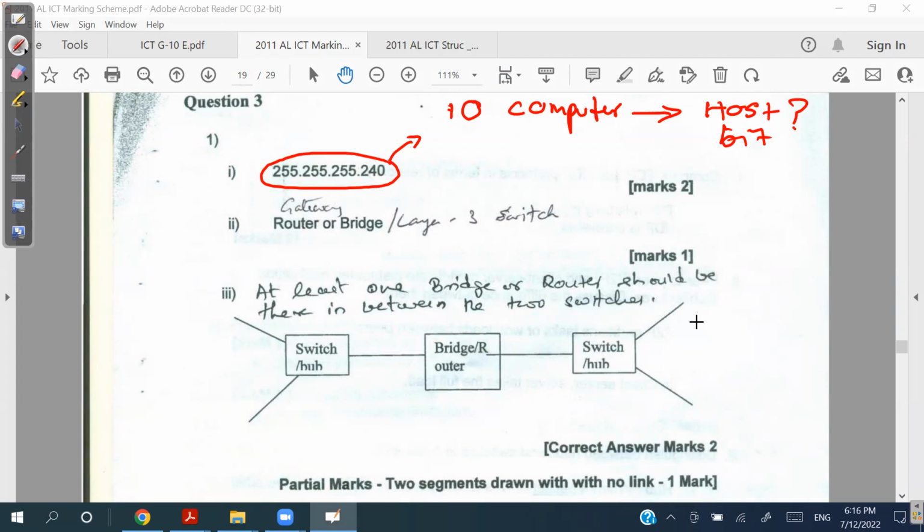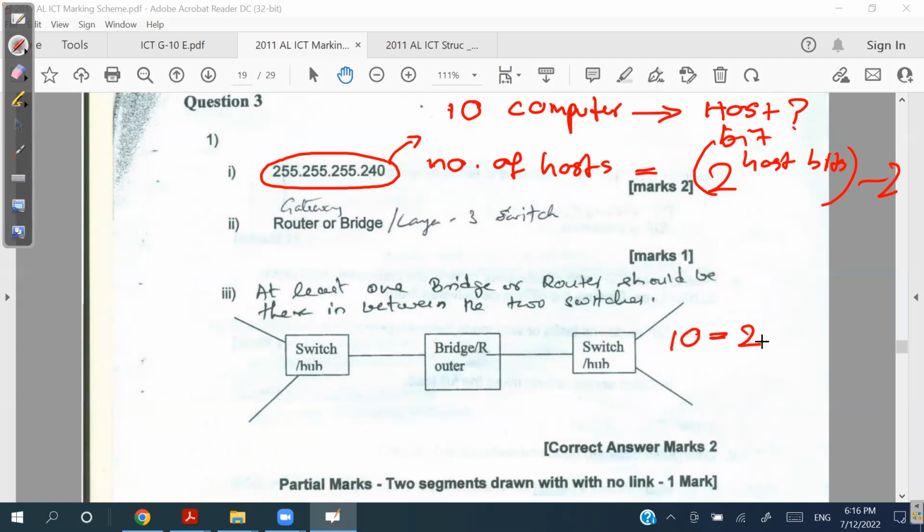That means there is an equation that we learn: number of hosts equals 2 to the power host ID bits minus 2. That means 10 equals 2 to the power x minus 2, right? So that means 12 equals 2 to the power x.